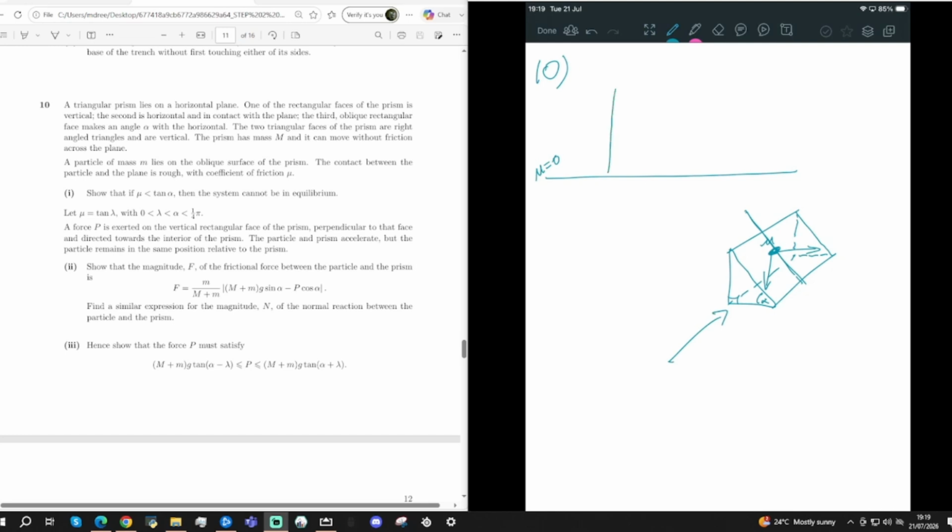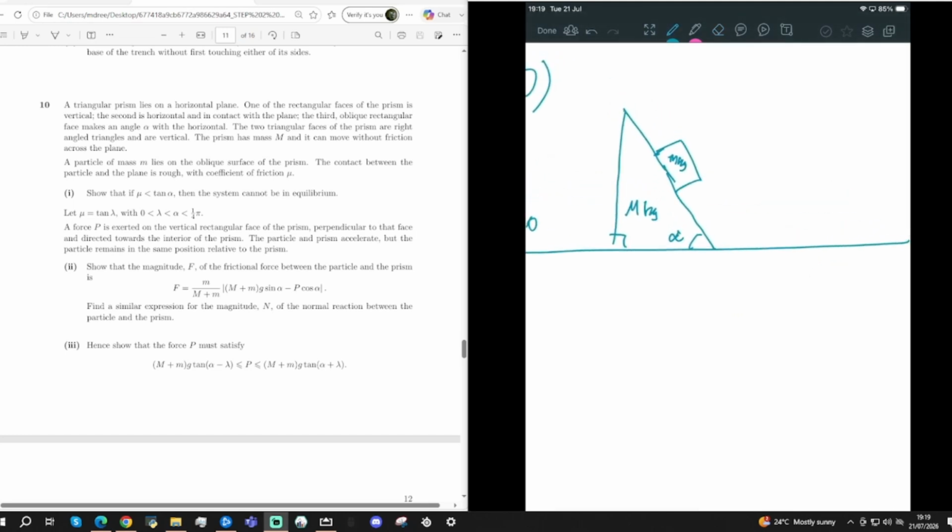So I'm going to have my prism side on as so, with the angle there alpha, and then my particle is going to be here. I've got my mass of m and my mass of m. Maybe a little small for my liking, but we may redraw that picture later on, zooming into what's important.